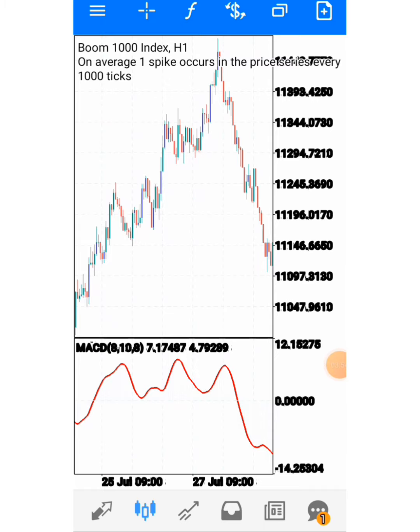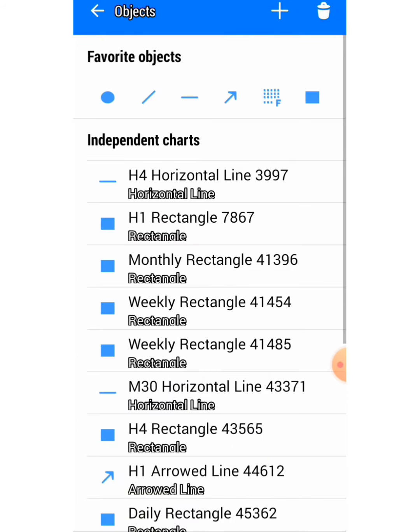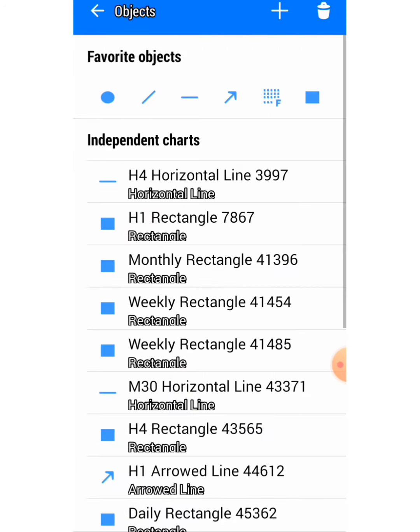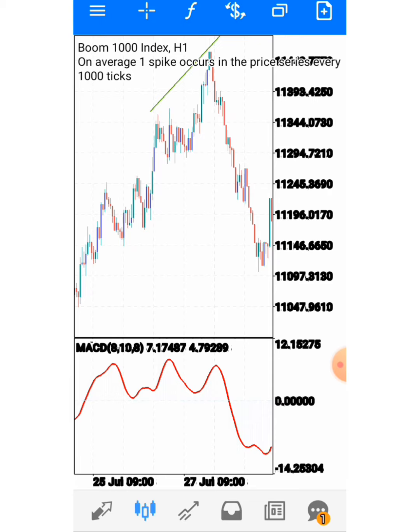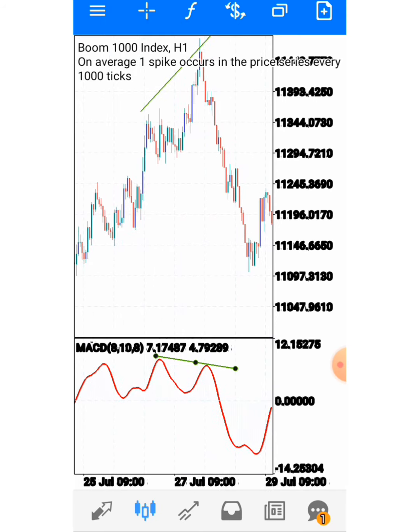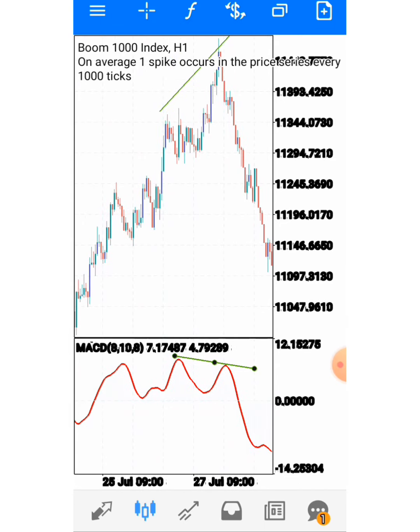Another one is this. Look, the price is also making a higher high in this place, and the indicator is making a lower high. So you can see that divergence in trading is really good and profitable. You can also see the confluences.